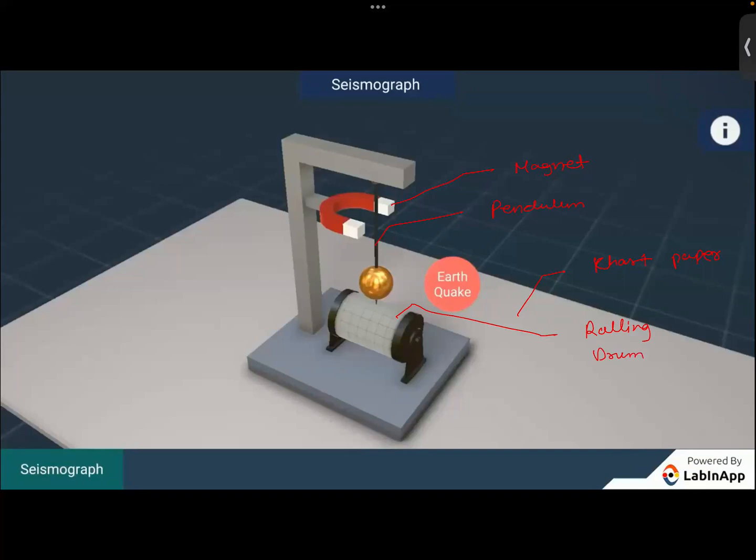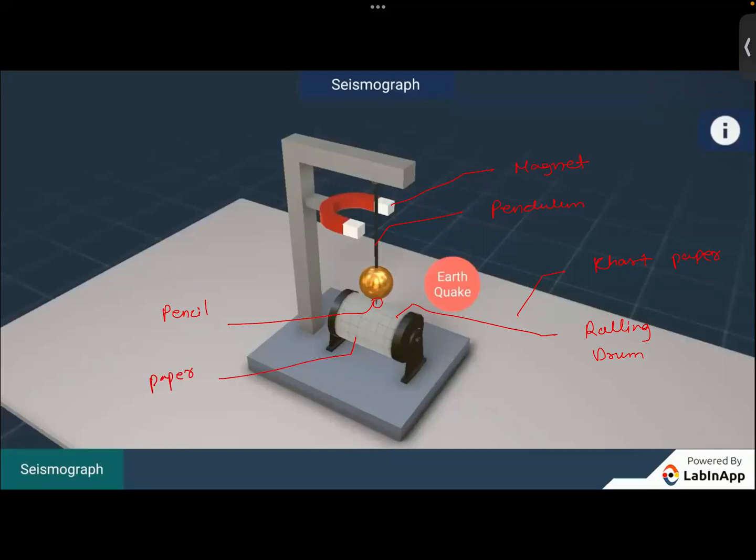So that is simply the structure of a seismograph. And this thing here, can you see this one? The pointy end of this pendulum is actually a pencil. Yes, sir. And this rolling drum has paper rolled on it.